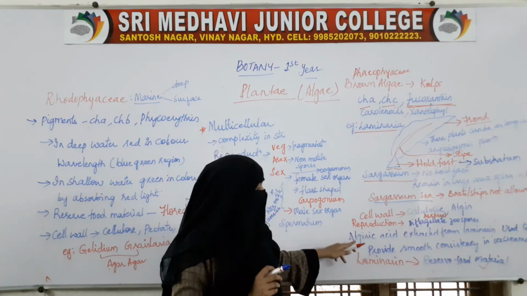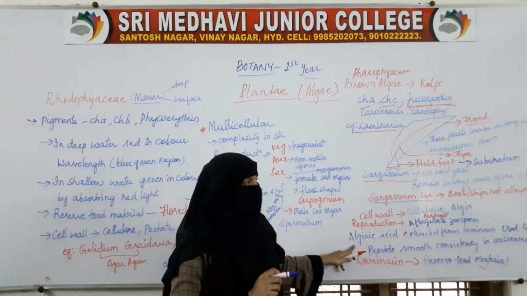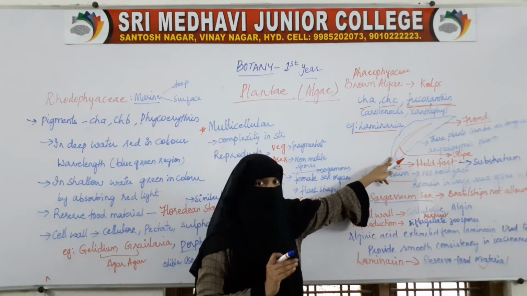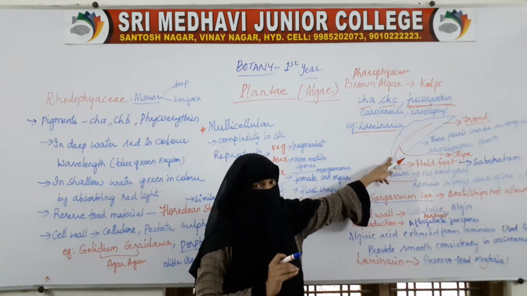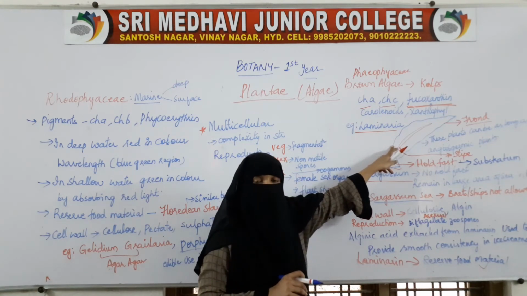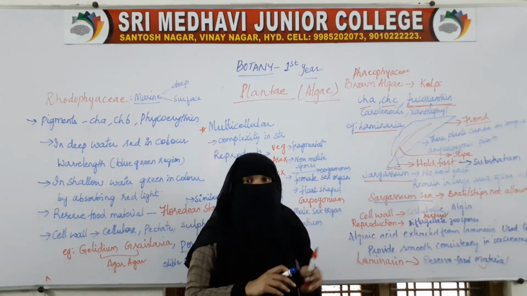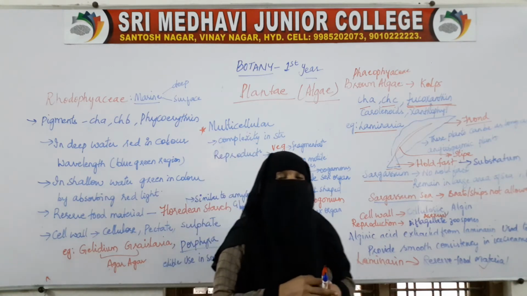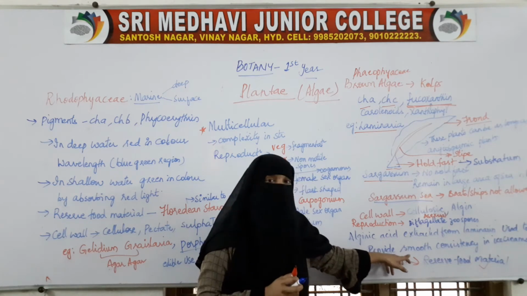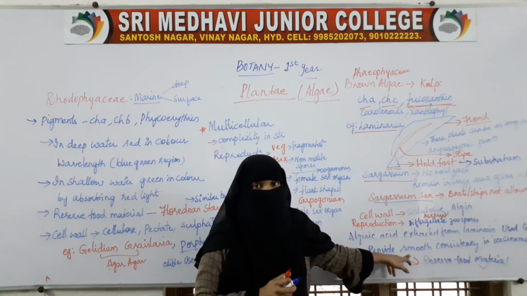use of this is that alginic acid is extracted, because I already said the cell wall has algin. So, from the cell wall of Laminaria, alginic acid is extracted, and that alginic acid is used to provide smooth consistency in ice creams.